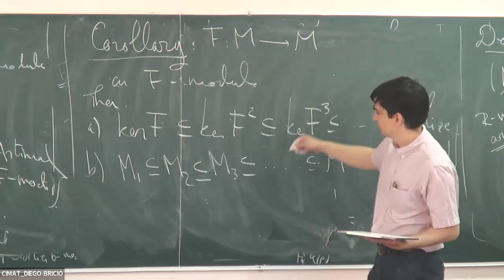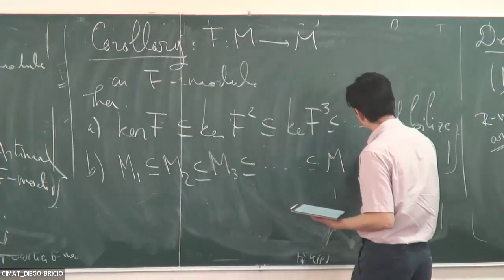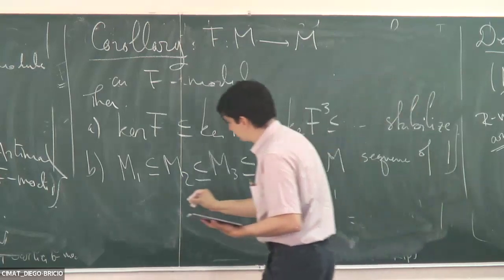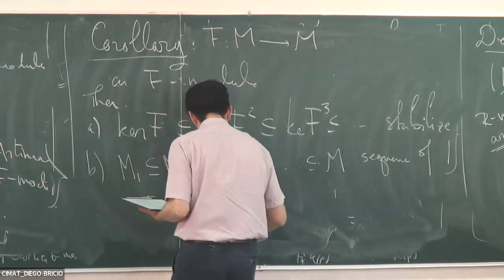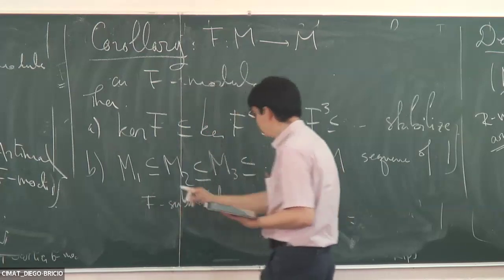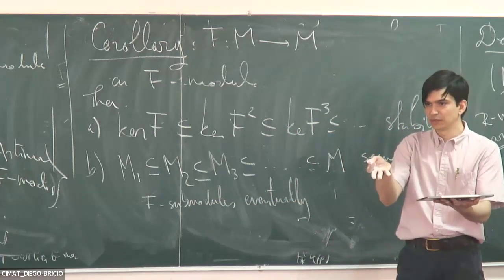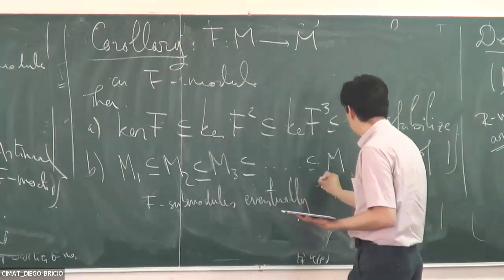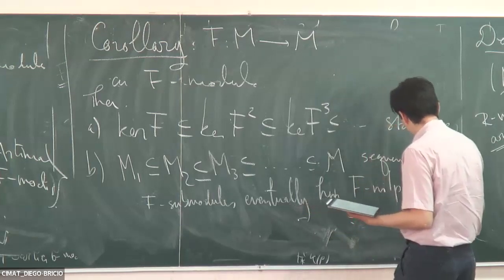If you assume that M is Artinian, then the other side stabilizes, right? You may want to say that it stabilizes, that the cokernels are zero, the quotients are zero, right? But you cannot say that. What you can say is that they are nilpotent. So eventually it has F nilpotent quotients.